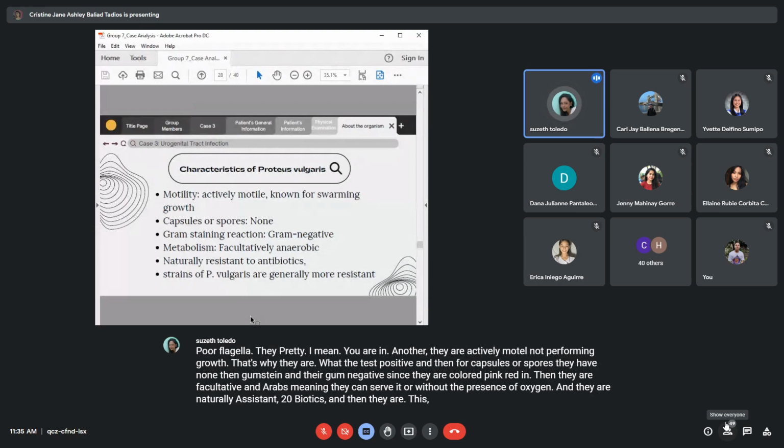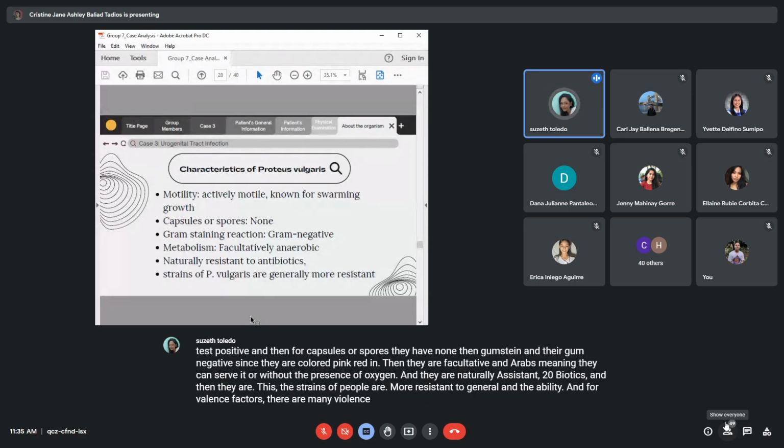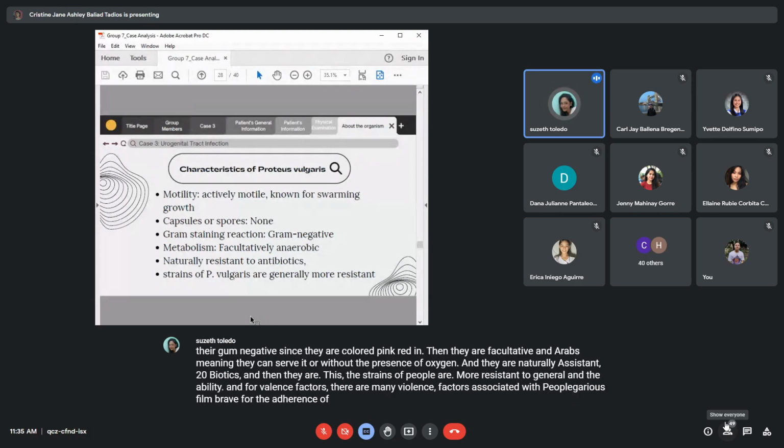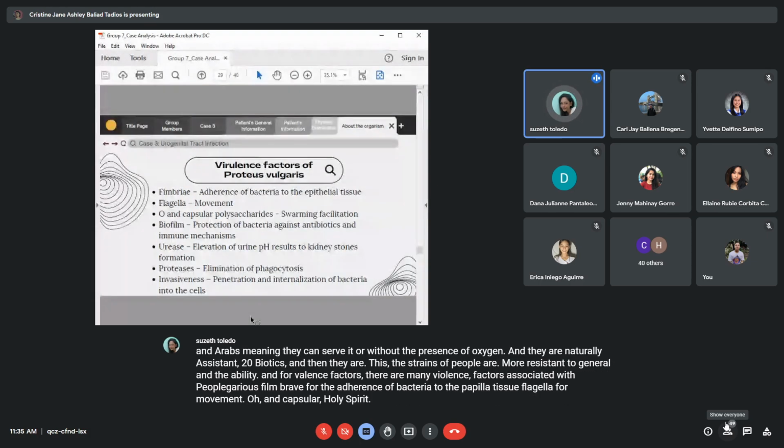For virulence factors, there are many associated with P. vulgaris. Fimbriae for the adherence of bacteria to the epithelial tissue, flagella for movement, O and capsular polysaccharides. For swarming facilitation, this can be seen on the blood agar plate. Biofilm for protection of bacteria against antibiotics and immune mechanisms.